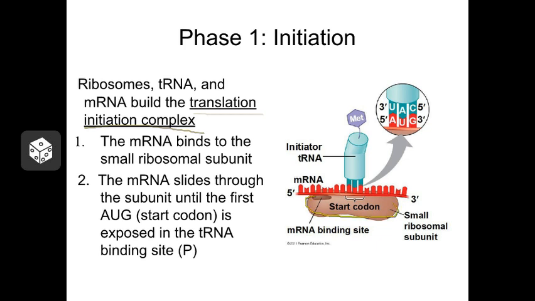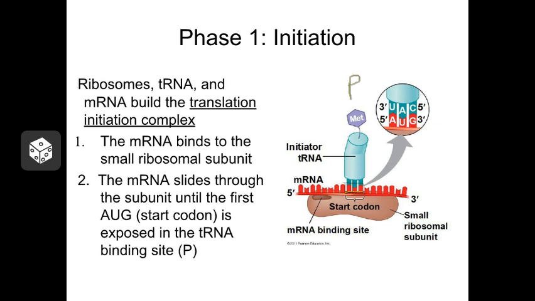First, we have the small subunit of the ribosome, and it's going to latch on to the mRNA transcript. It's going to position that mRNA transcript so that the start codon is directly in the middle. It's going to be in the P site when the large subunit of the ribosome joins up with all of this. Now notice what's attached to that start codon.